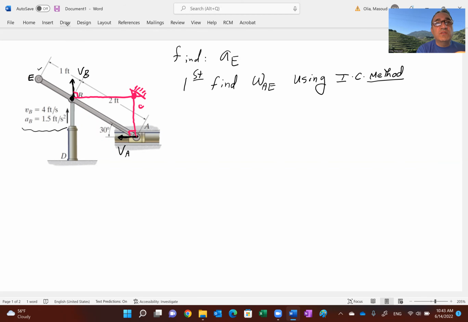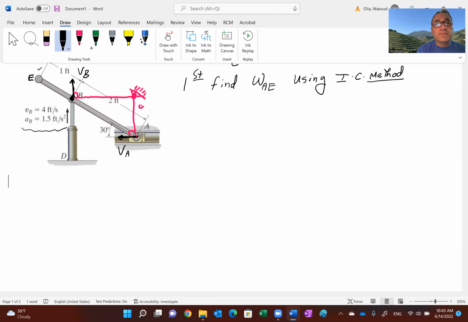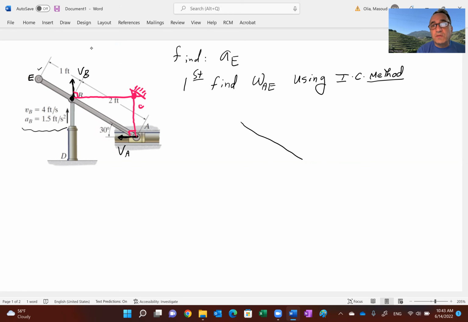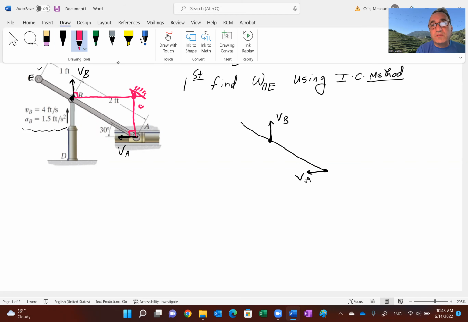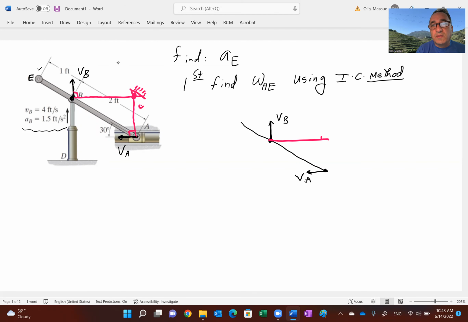Let me redraw this here for you. So basically, this is velocity of B, right? And this is velocity of A. And as I said, we draw perpendicular lines to these two velocities, right? And we call that point C.